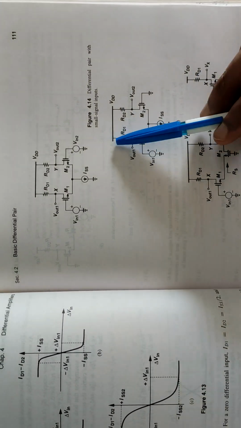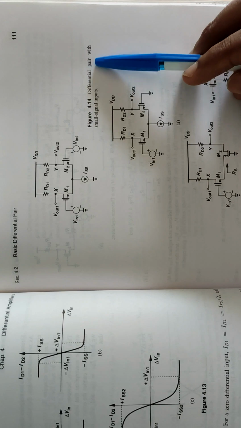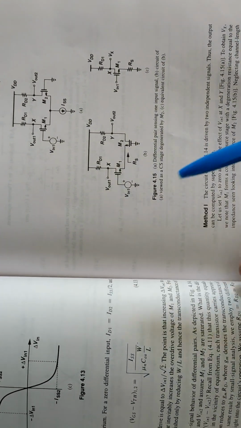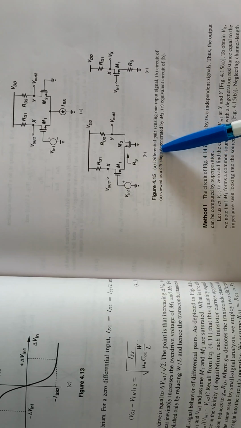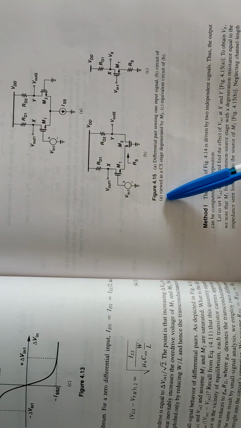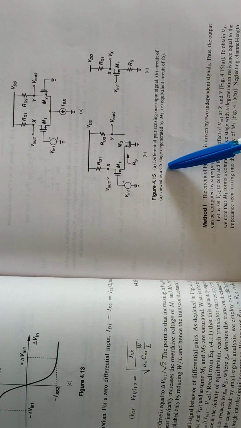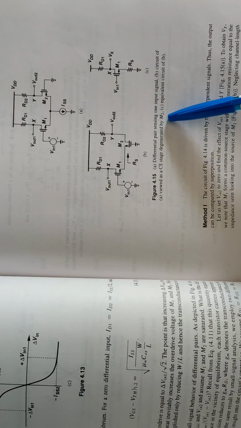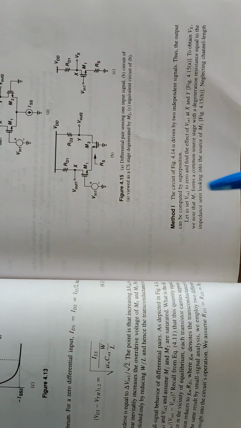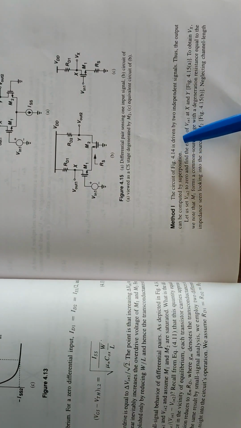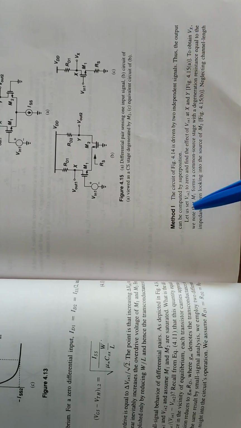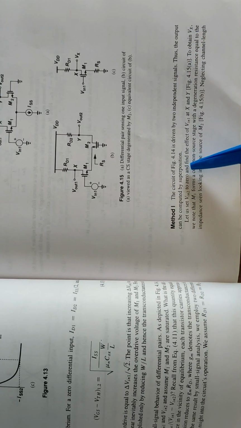Here you can see the figure: differential pair with small signal inputs. Figure A, differential pair sensing one input signal. B, circuit of A viewed as a CS stage degenerated by M2. C, equivalent circuit of B. Method 1: the circuit of the figure is driven by two independent signals, thus the output can be computed by superposition.